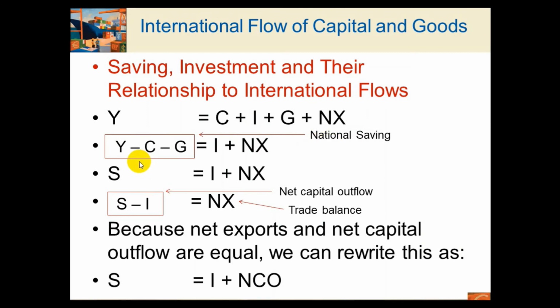National saving is equal to the income of a nation after paying for current consumption and government expenditure. And then if we rearrange this formula again to put investment on the left hand side, the result is that net capital outflow equals net export, or trade balance. Because net export and net capital outflow are equal, we can rewrite the formula to look like this.